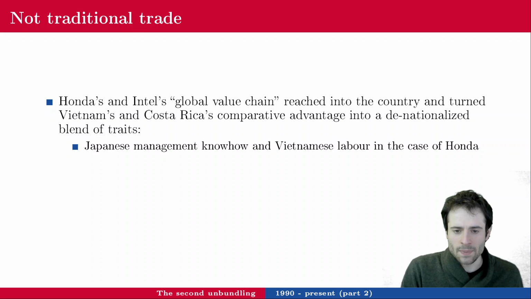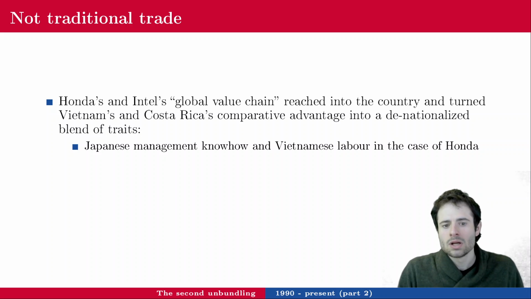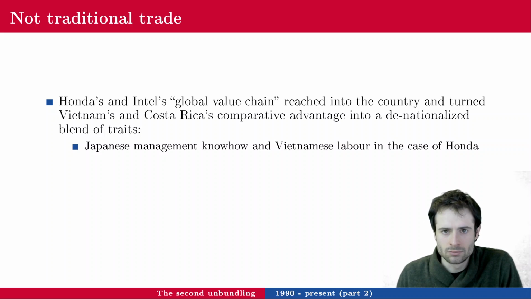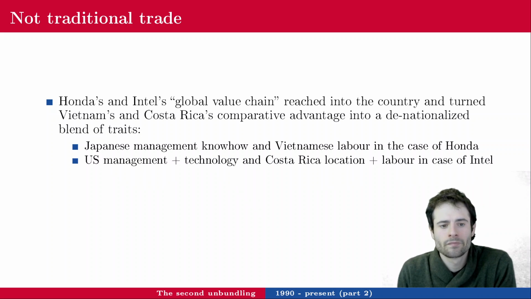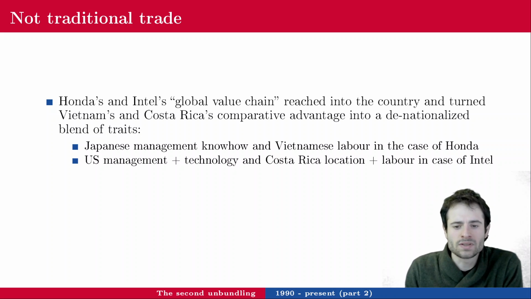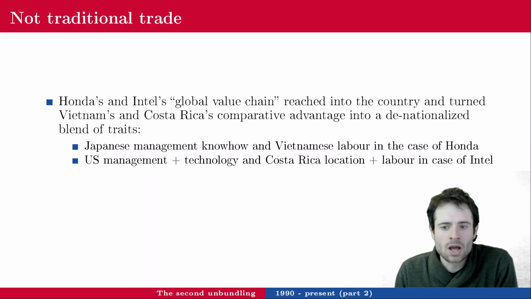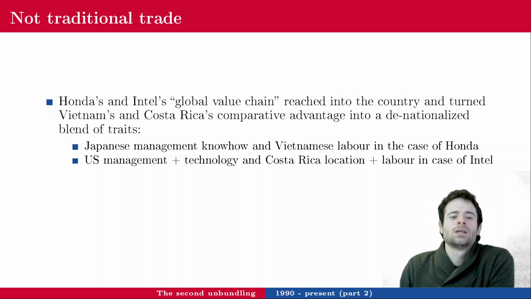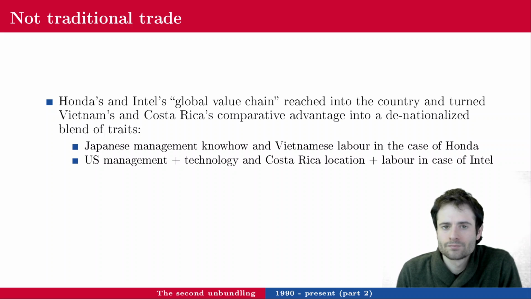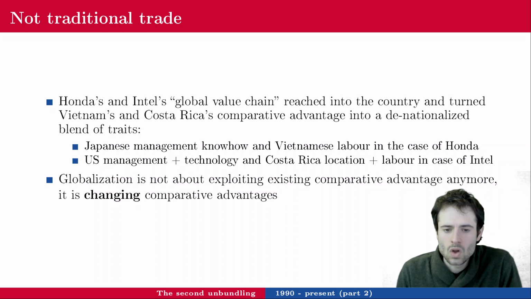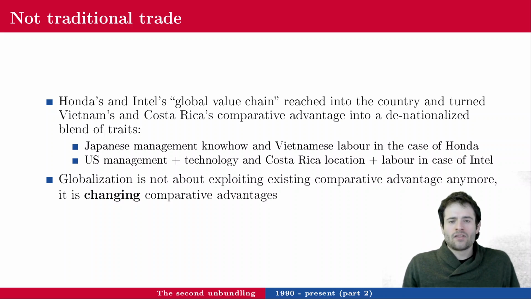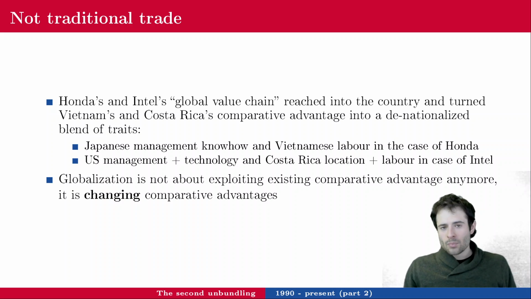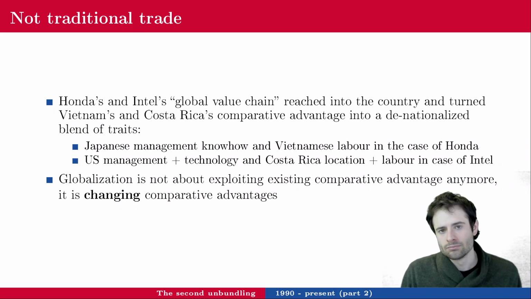There was Japanese management, know-how, and Vietnamese labor that made Honda competitive. It was American management and technology plus the Costa Rica location and labor that made Intel competitive. So globalization is not about exploiting the comparative advantage you already have, but is about changing them.